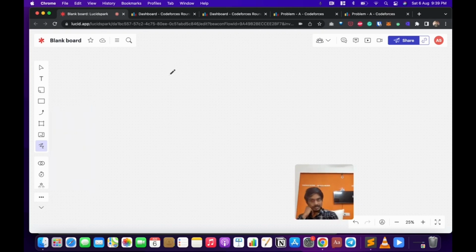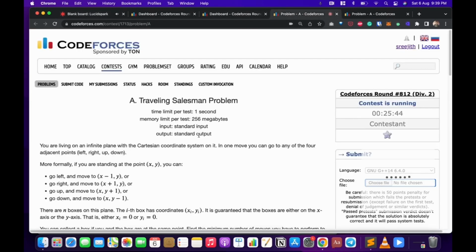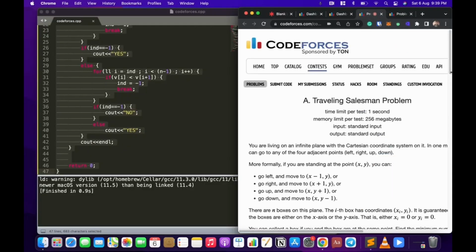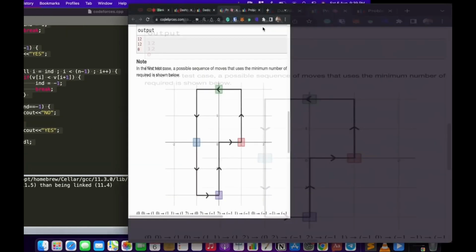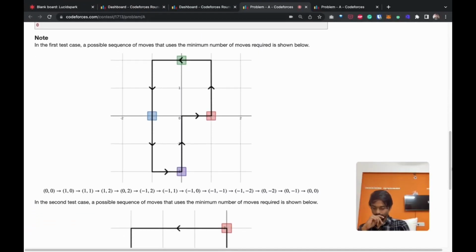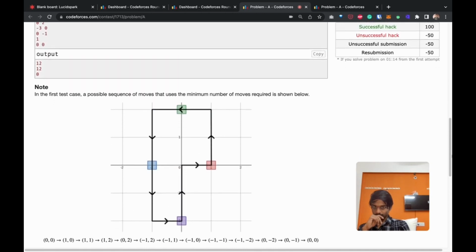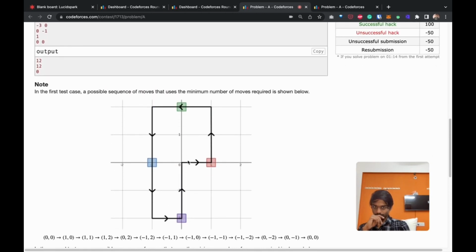What else can we draw? What is the one test case? 4, 5, 6, 7, 8, 9, 10, 11, 12.